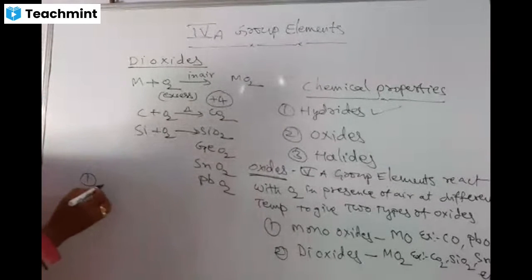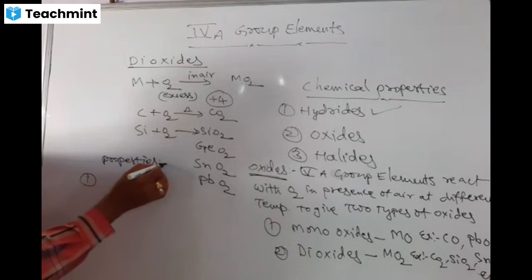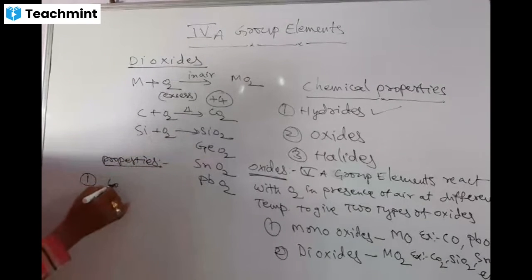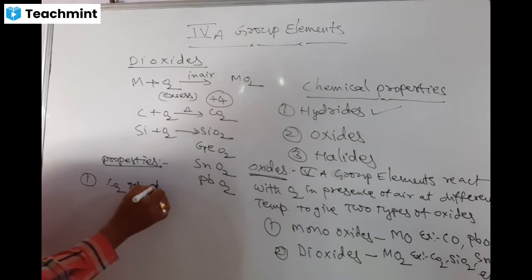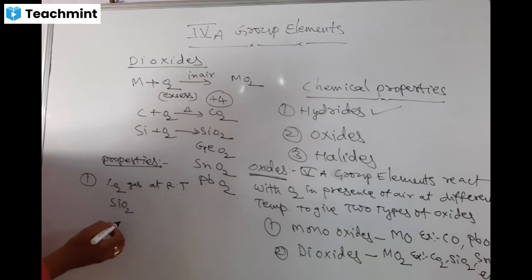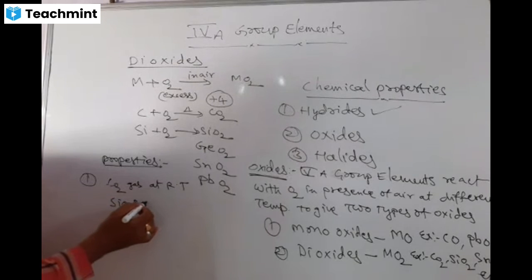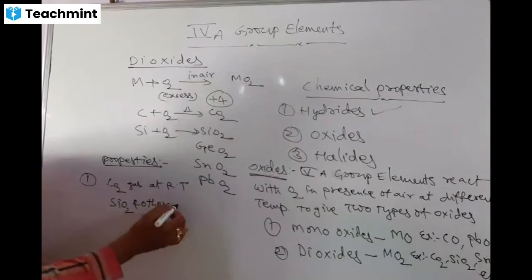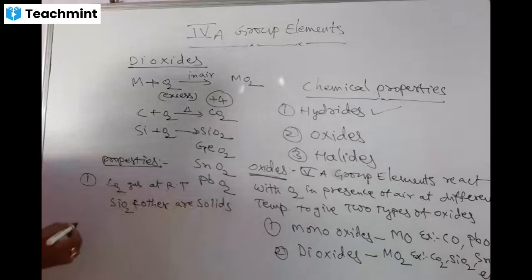Now, properties of dioxides. Carbon dioxide is a gas at room temperature, while silicon dioxide and all the other dioxides are solids. This is the first property, the physical state.